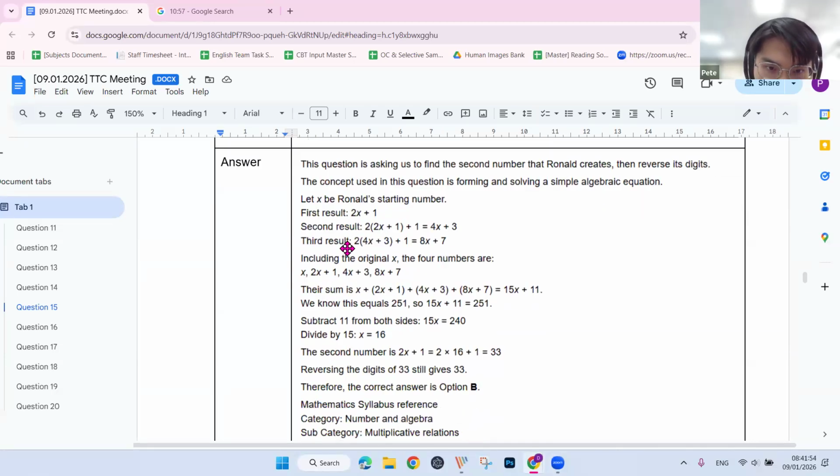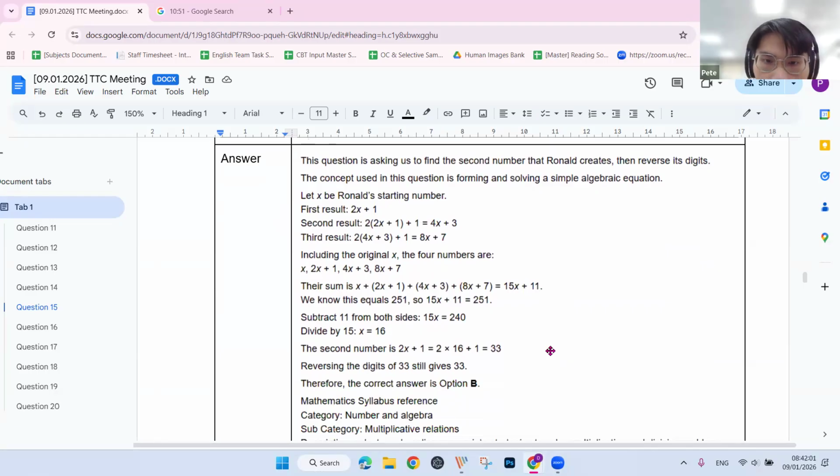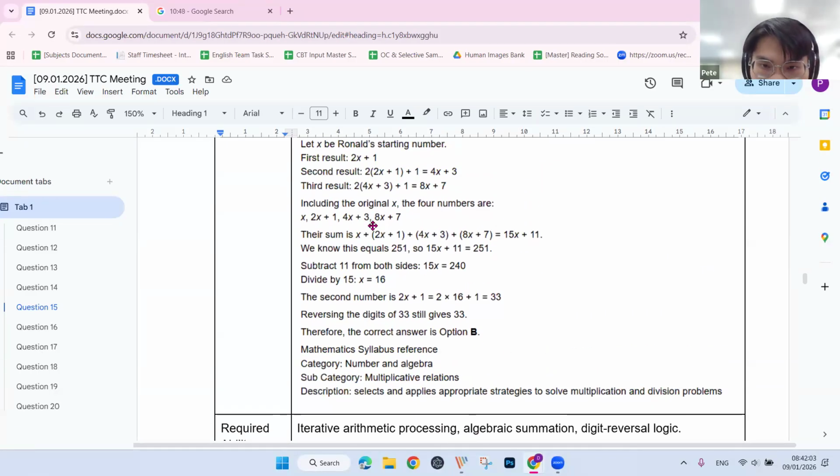So we have 4 numbers and their sum would be 250. We have this equation: x plus 2x plus 1 plus 4x plus 3 plus 8x plus 7 is 15x plus 11, and we know that it is equal to 250. So solving this problem, we will have x.